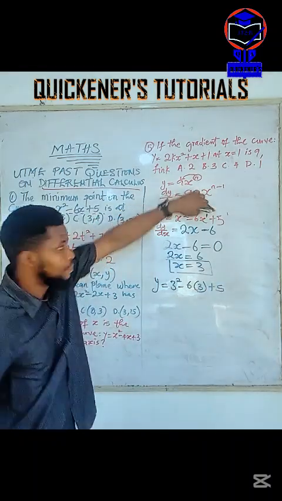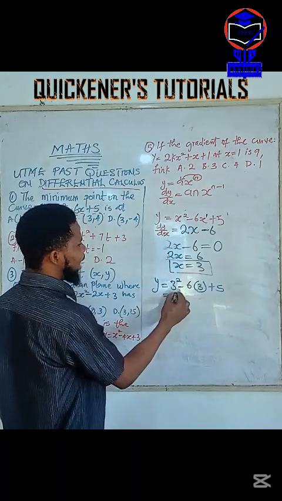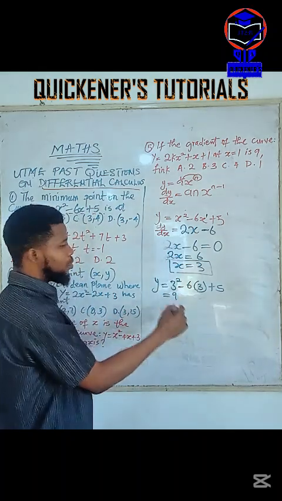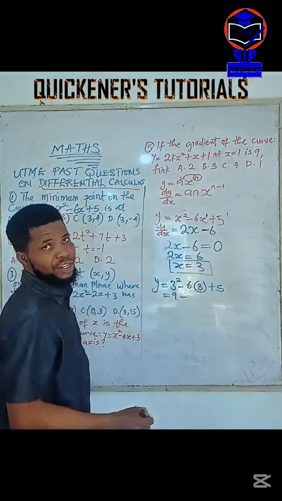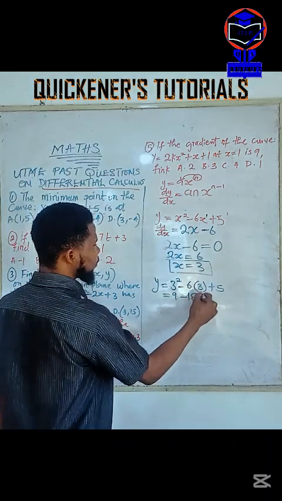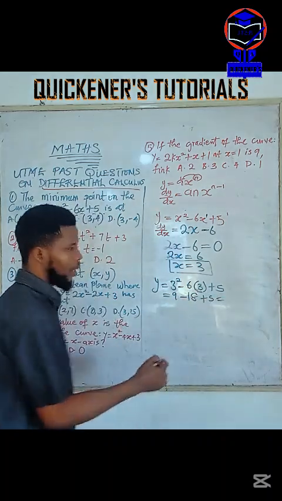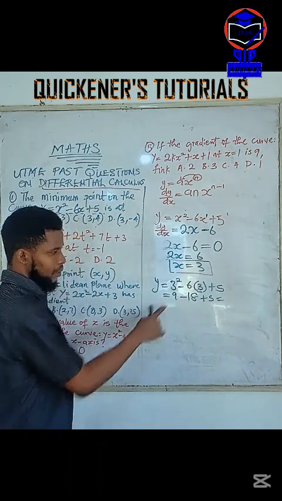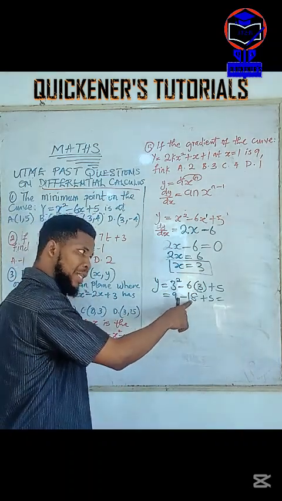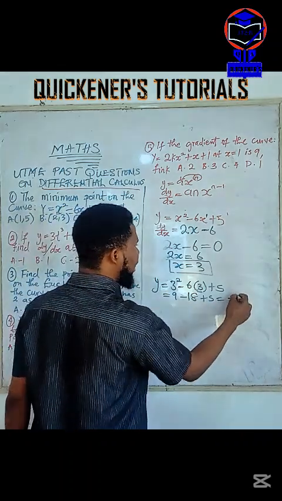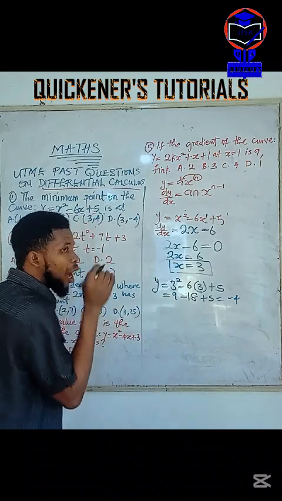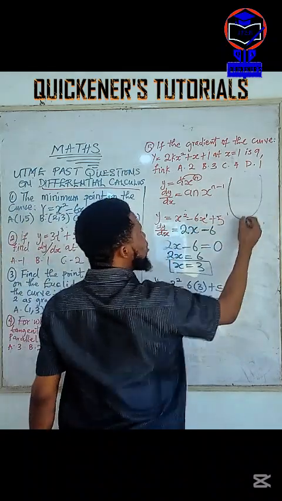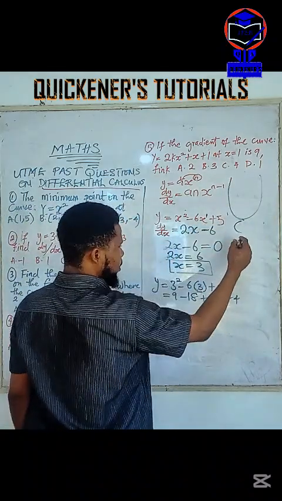That is 9 minus 18 plus 5. Now 9 minus 18, that's minus 9. Minus 9 plus 5 is minus 4.